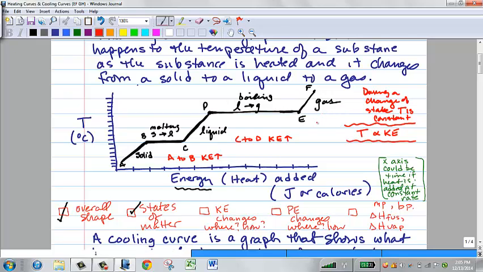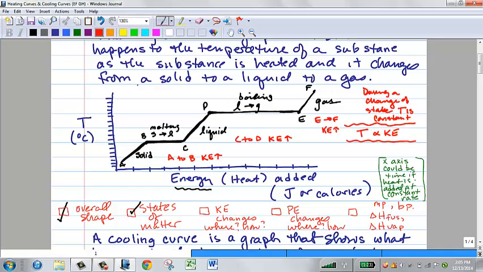And since the temperature is rising as we go from E to F, then the kinetic energy must be rising as well. Places where temperature goes up, kinetic energy is correspondingly going up. Places where the temperature is flat, constant, not changing, the kinetic energy won't be changing.